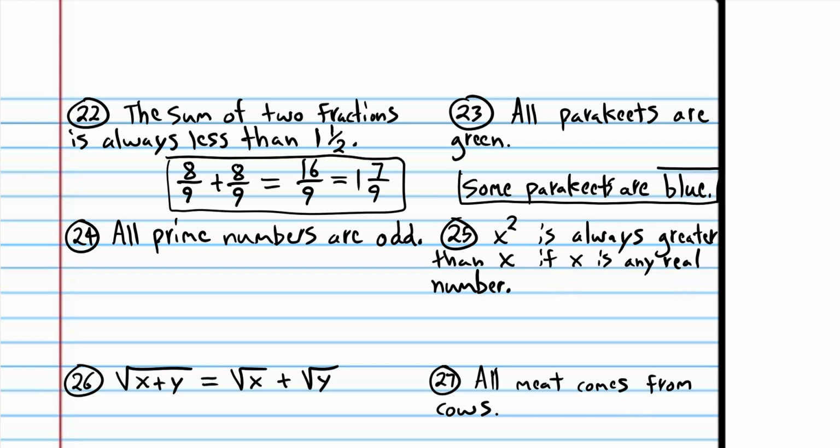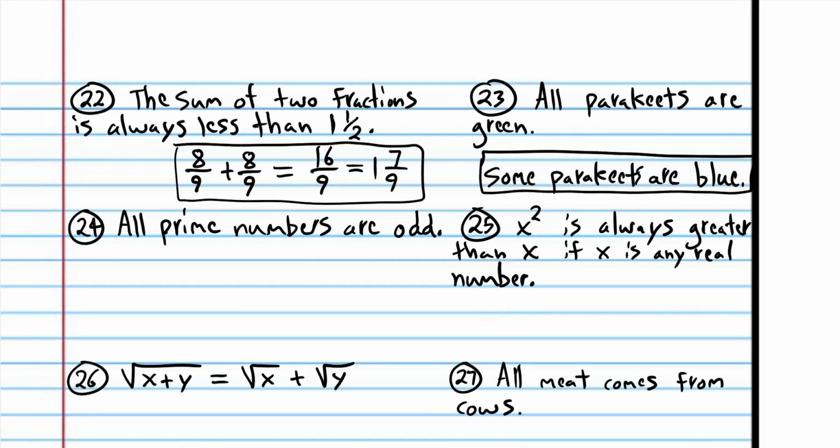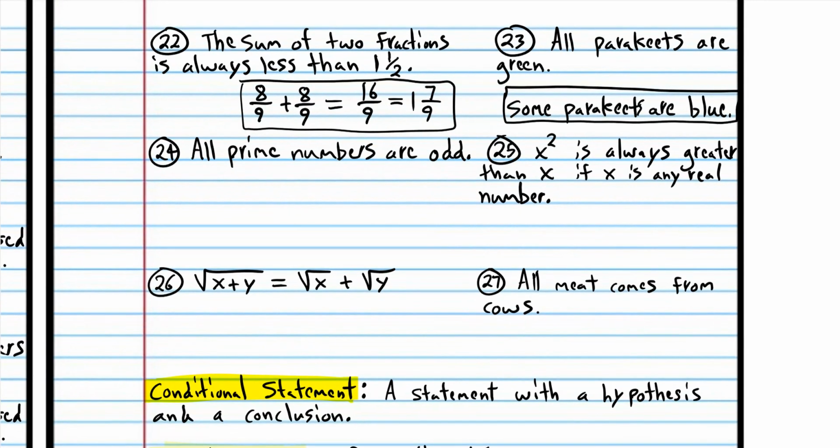Some of them are white, albino. Some are yellow, what they call Lutino parakeets. That's just the names that the breeders use. There's others called harlequins. There's all kinds of different colors for parakeets. So if you got something along those lines, good job. Again, we're coming up with counterexamples to disprove these conjectures.